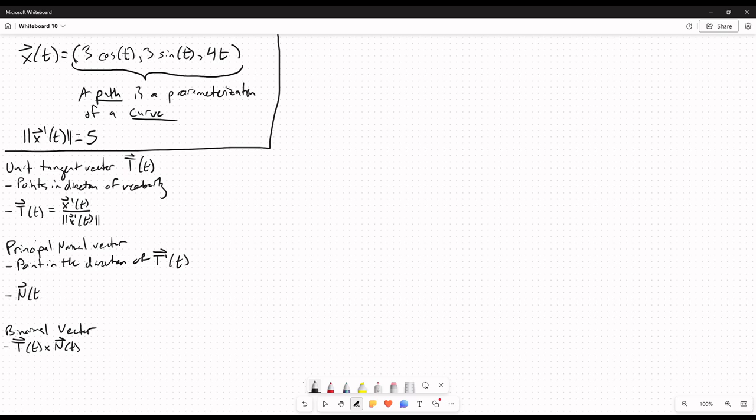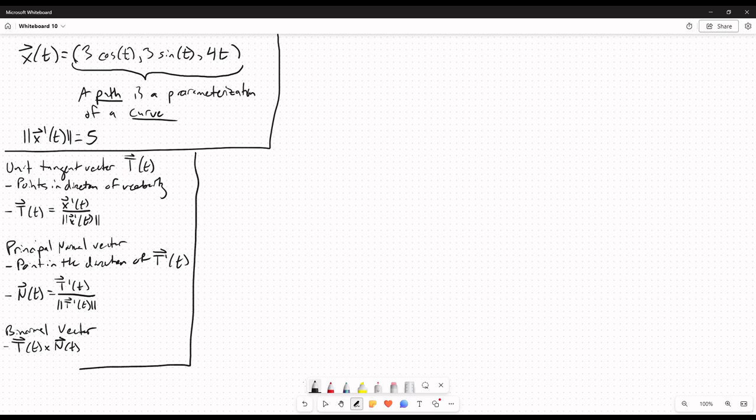We'll take the derivative of the unit tangent vector and divide it by the norm of the unit tangent vector's derivative. Then, as I said earlier, we already pretty much have our formula for the binormal vector.